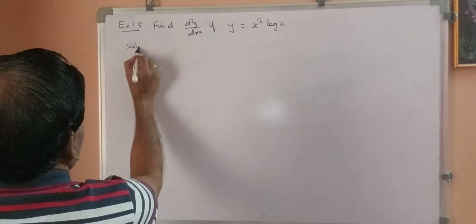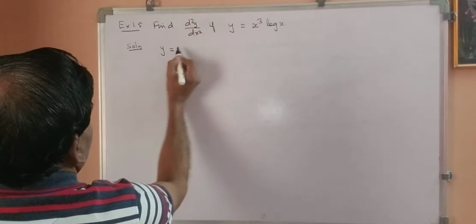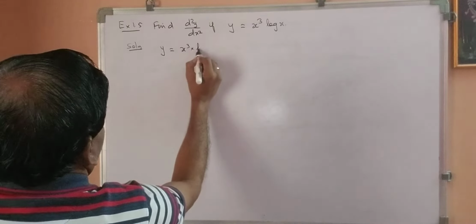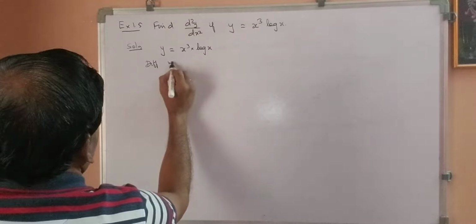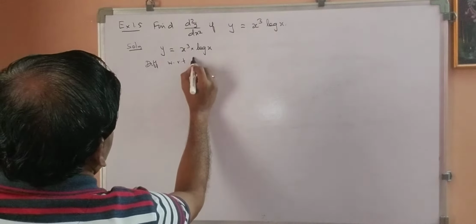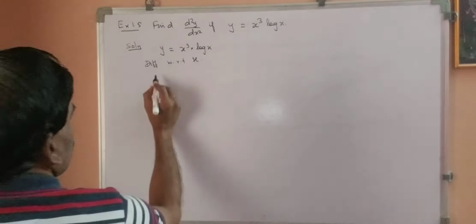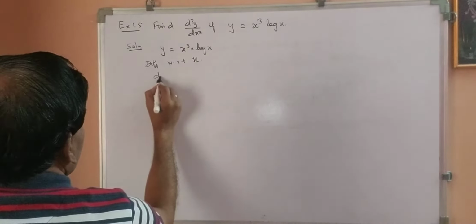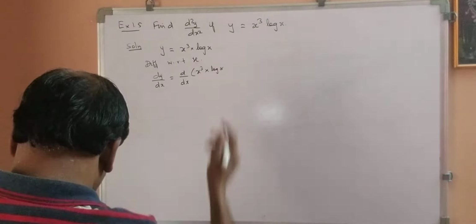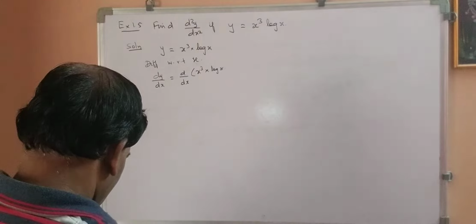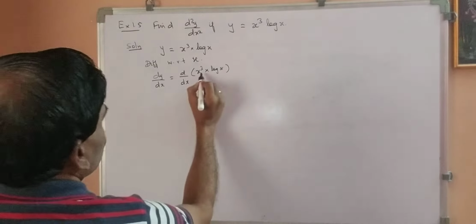Solution. y equal to x cube into log x. Differentiating with respect to x, dy by dx equal to d by dx of x cube into log x. Now, it is the UV method.